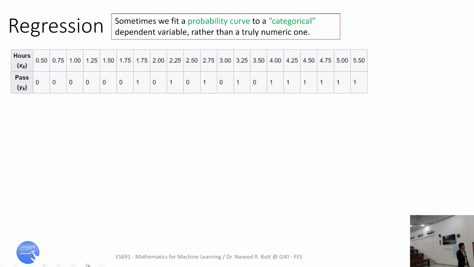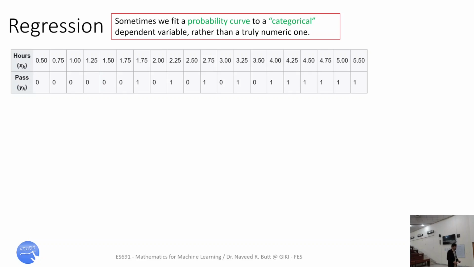Then we are also not limited to fitting deterministic curves. We can also try to find probability curves. We sometimes fit probability curves to categorical data. What does that mean? Suppose I know how many hours different students studied, and then I know if they passed or failed. This is categorical now. पास को मैं 1 कह रहा हूँ, फेल को 0. Compared to this, पहले क्या था, actual marks थे उनके, ordinal था वो. This is categorical.